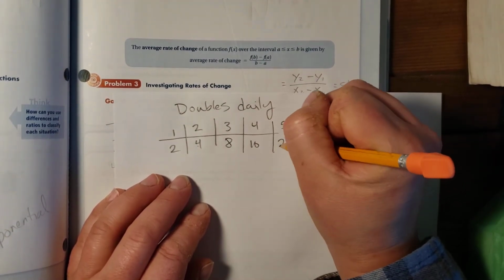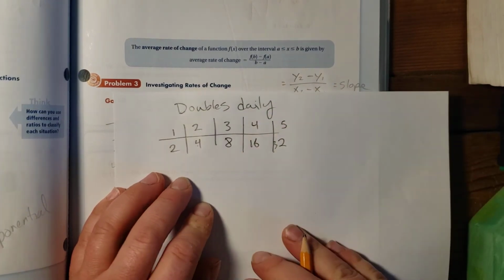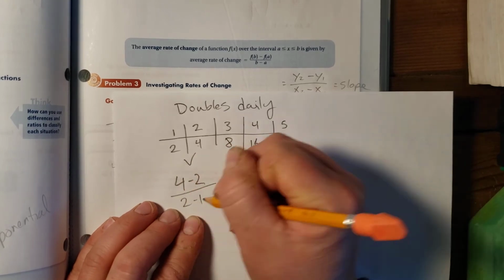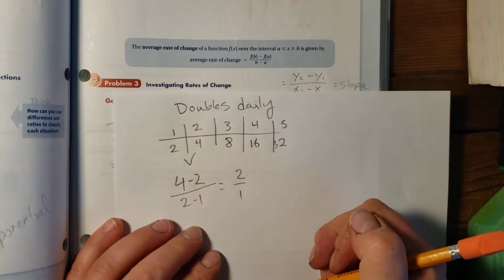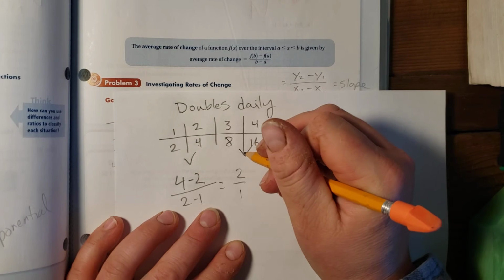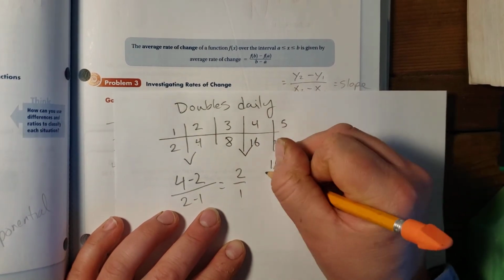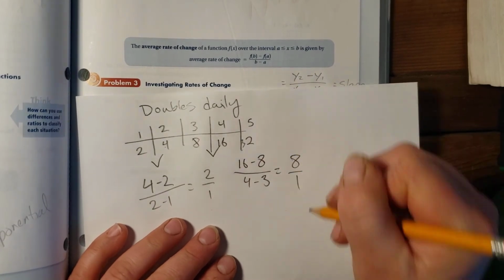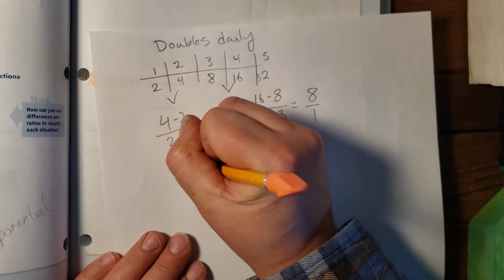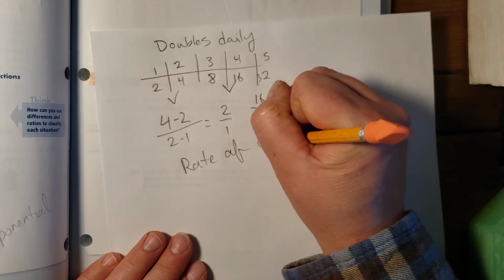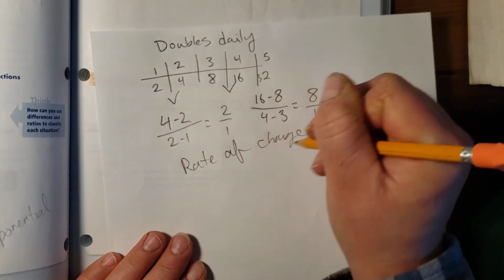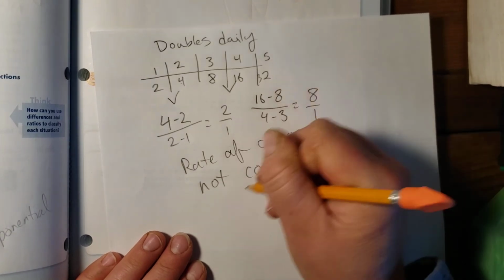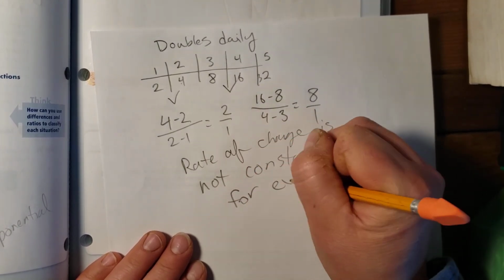On day 5, there are 32. So what we see is the rate of change here, 4 minus 2 over 2 minus 1 equals 2 over 1. But the rate of change here, 16 minus 8 over 4 minus 3, that's 8 over 1. So the rate of change is not constant for exponential.